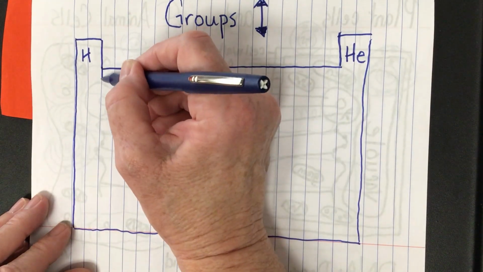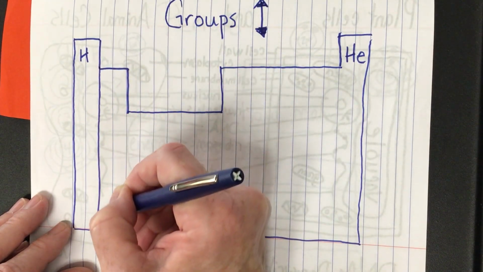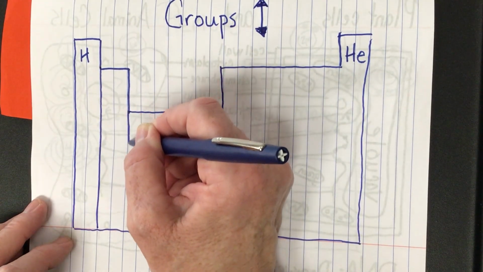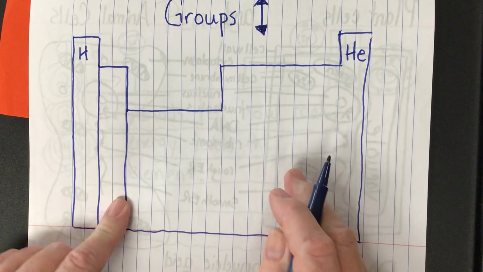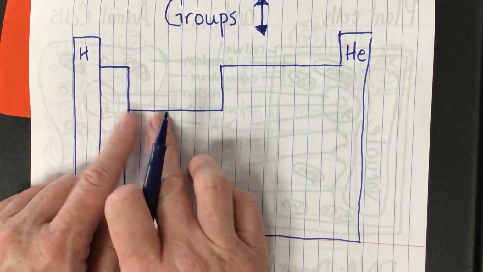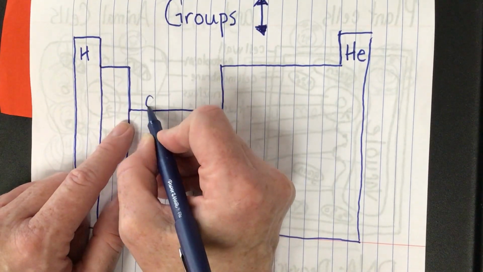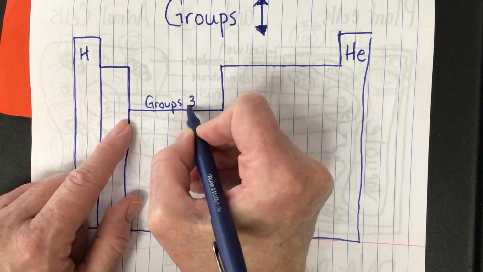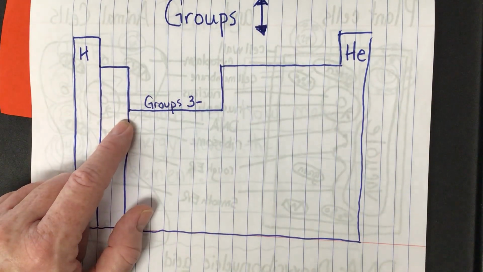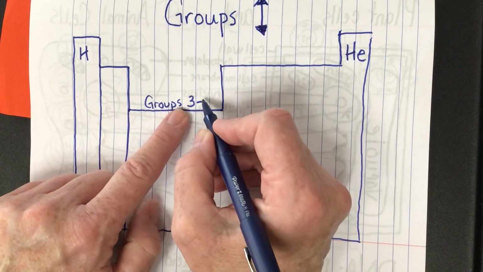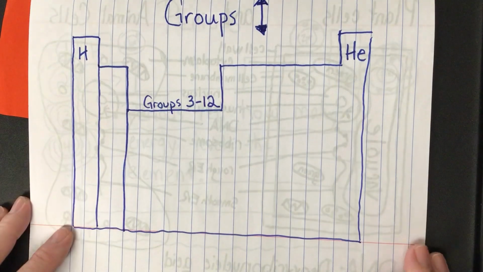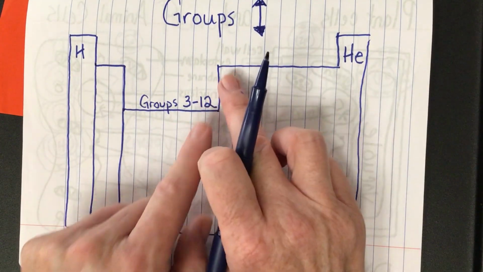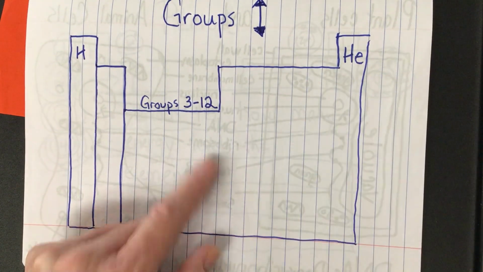So we're going to draw lines. This is group 1. This is group 2. We're going to skip over. This section right here is groups 3 through 12. And then we have 6 groups here.